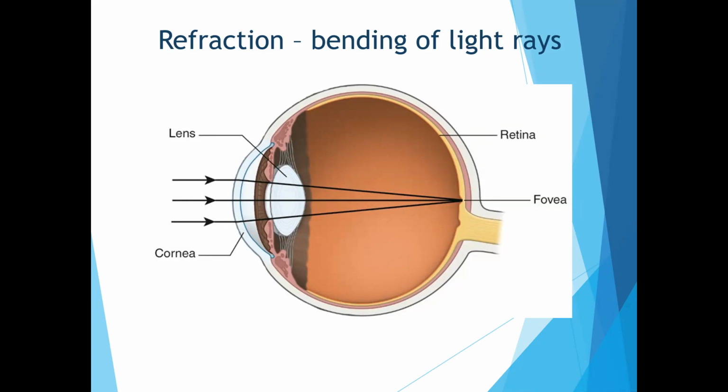So our eye is structured, and the different eye structures are constructed in a way to manipulate and allow us to utilize these different light rays to interpret information. So our cornea and lens bend these light rays onto our retina and that fovea centralis so that we can interpret or get the best picture.